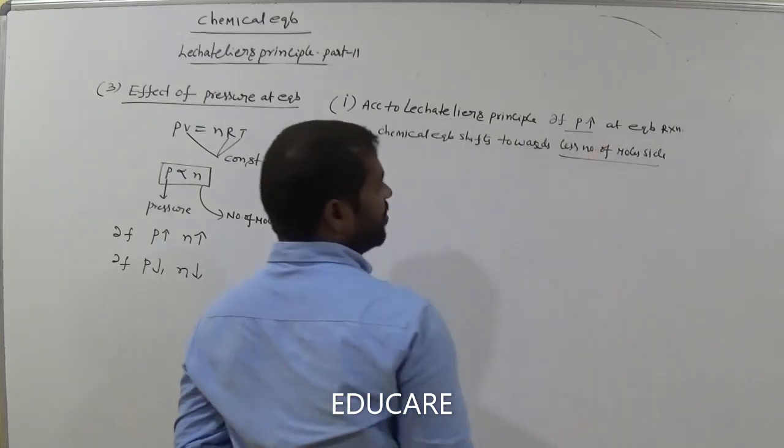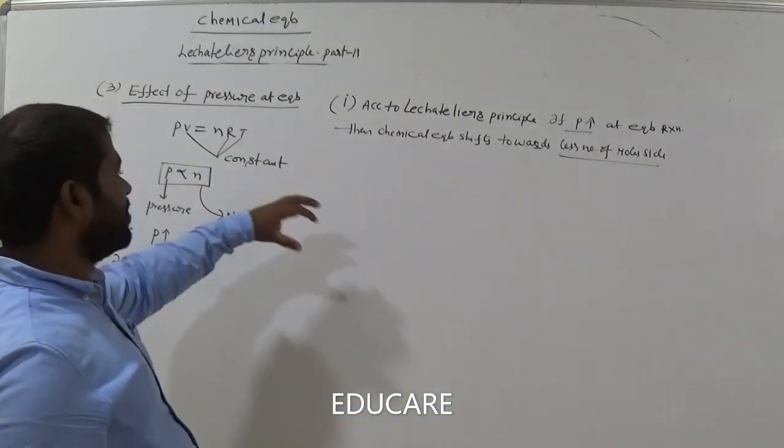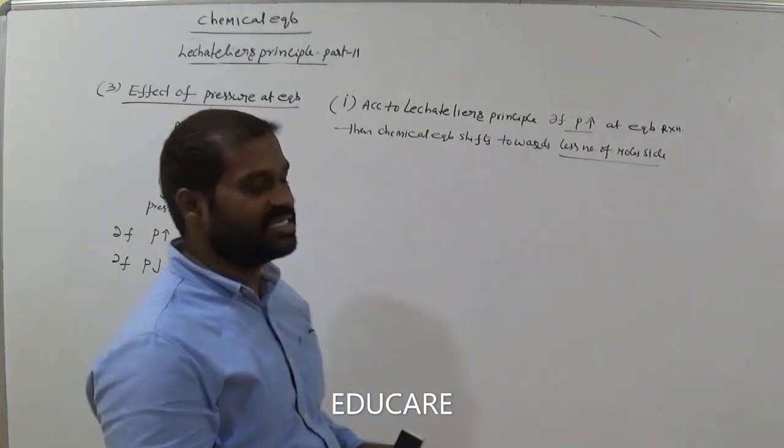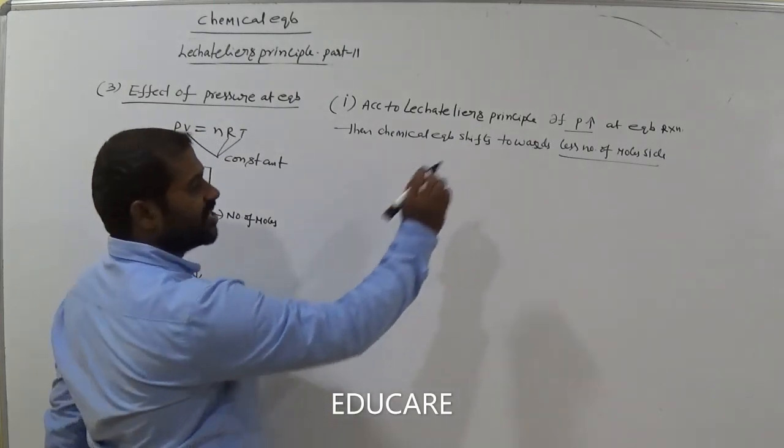If pressure is high at equilibrium, the equilibrium position shifts towards the less number of moles side. This is the statement according to Le Chatelier's principle.